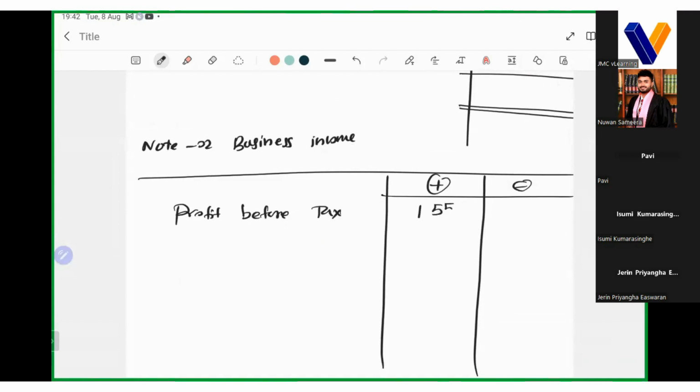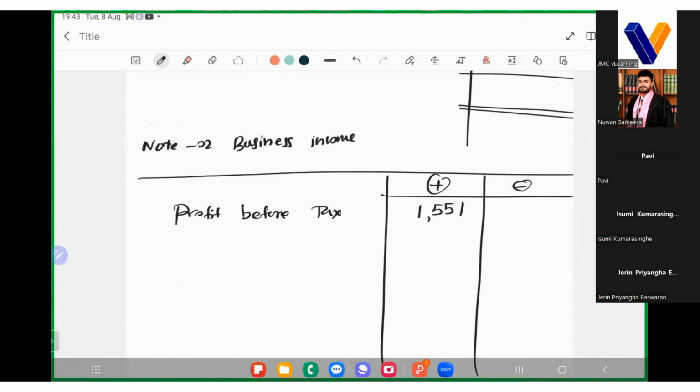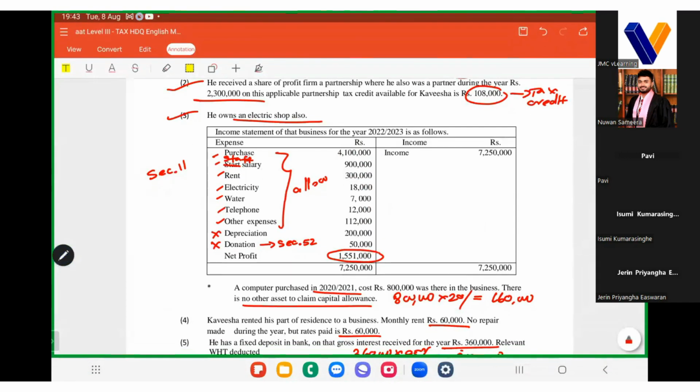So all these expenses, the purchase, salary, rent, electricity, water, telephone, and other expenses are directly relevant expenses incurred in the production of the business income. So there is no doubt you can deduct that as an expense, right?